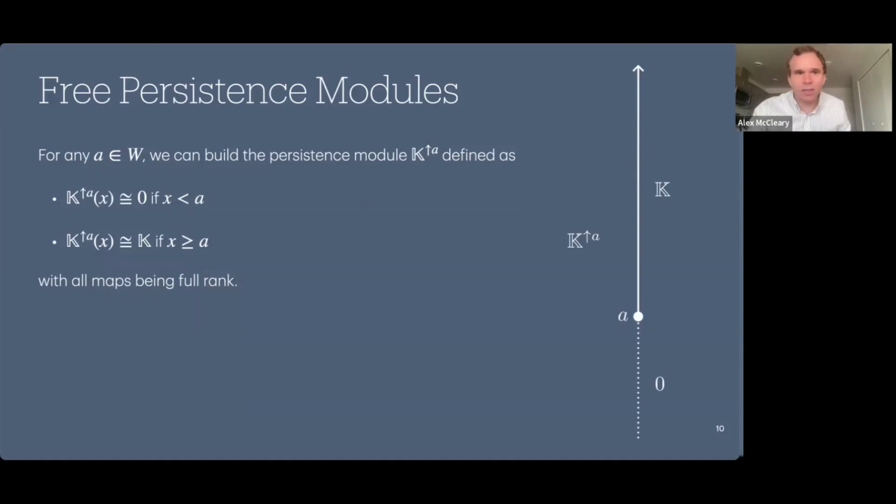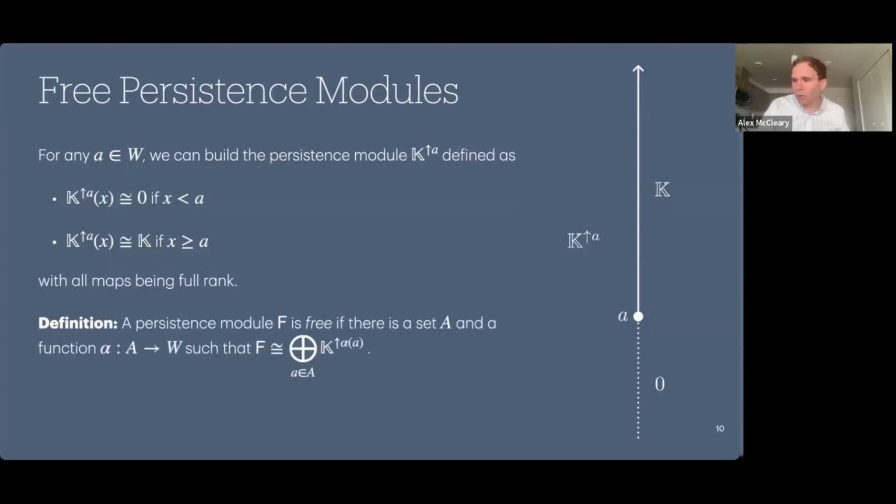We're defining this persistence module here, k to the upset of a. Here we're picking a point A in our well-ordered set, and we're saying the persistence module is 0 until we get to that point. And then at that point, it becomes k and continues on forever as k.